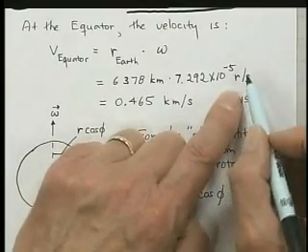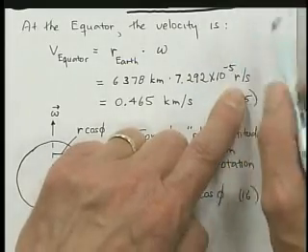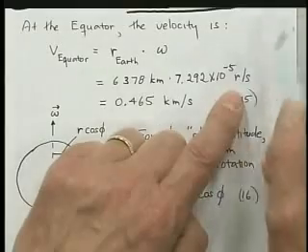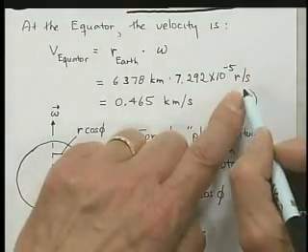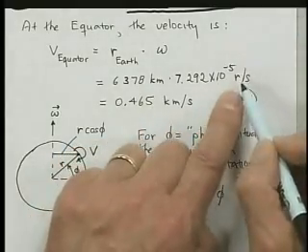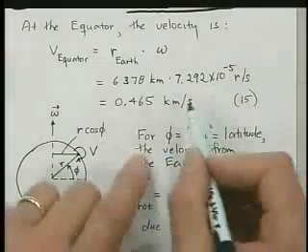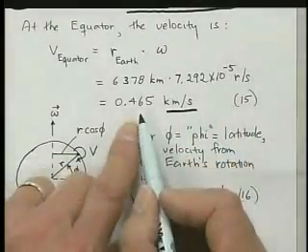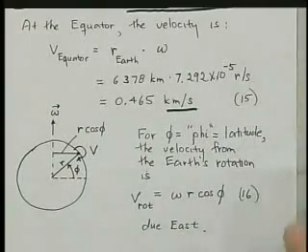A radian is basically the angle subtended by an arc equal to the radius, and that's basically a distance divided by a distance. So here we have kilometers per second, and we drop the radians. And so that's how we do this calculation. Notice that we have 0.465 kilometers per second. That's a fairly substantial speed to get for free.